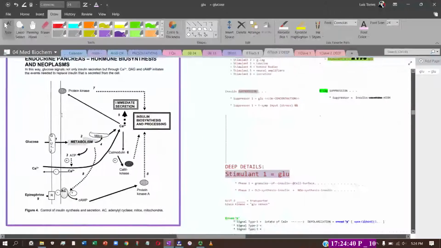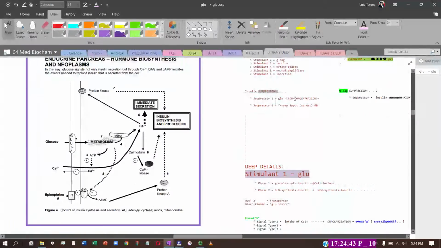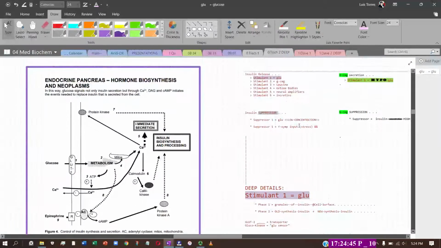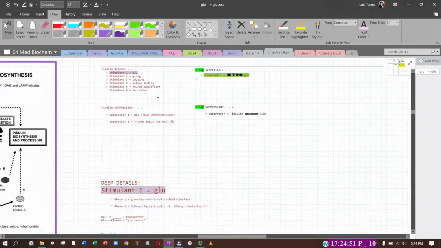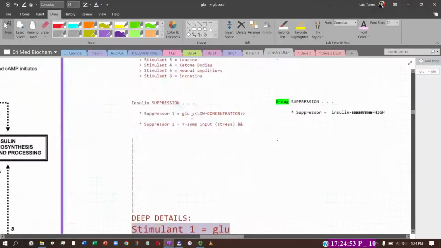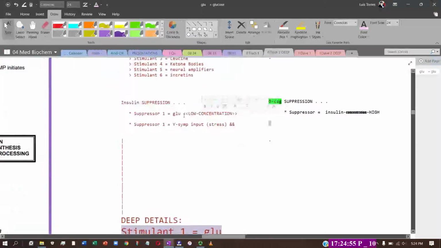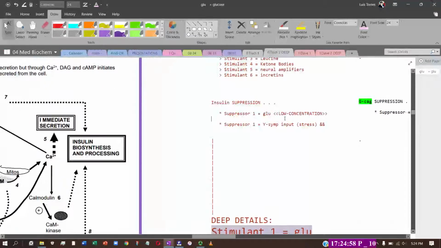Insulin suppressors are, first, glucose, but only when there is a low concentration. So I guess here would be high concentration, but that wasn't specified in the notes, so let's definitely specify low concentration here.